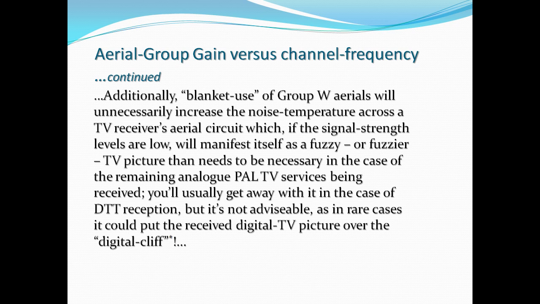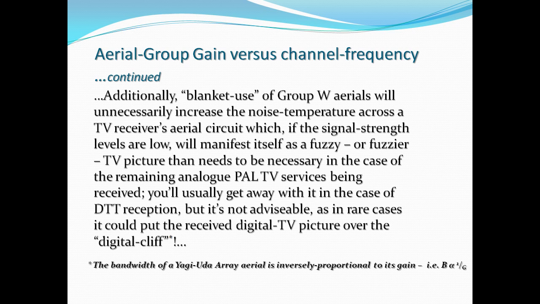You'll usually get away with it in the case of digital terrestrial television reception, but it's not advisable, as in rare cases it could put the received digital TV picture over the digital cliff, and you'll be reduced from either an error-free television signal or one with slight errors to a blank screen. Note, the bandwidth of a Yagi-Uda array, as I've said earlier, is inversely proportional to its gain.